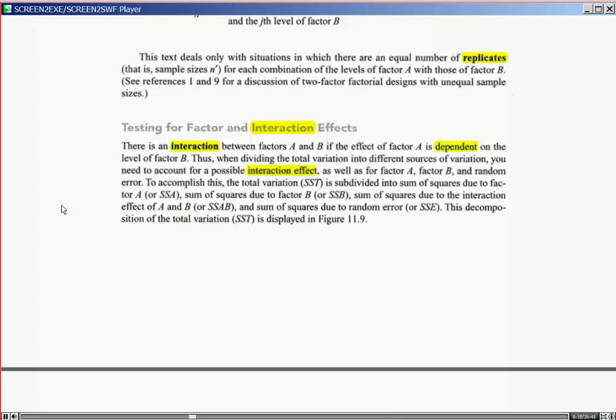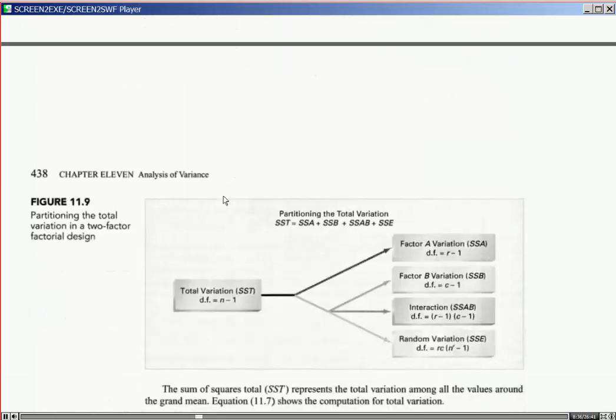This decomposition of the total variation, SST, sum of squares total, is displayed in figure 11.9. And by sum of squares, again, we mean actually squared differences between a value and the mean within each group.